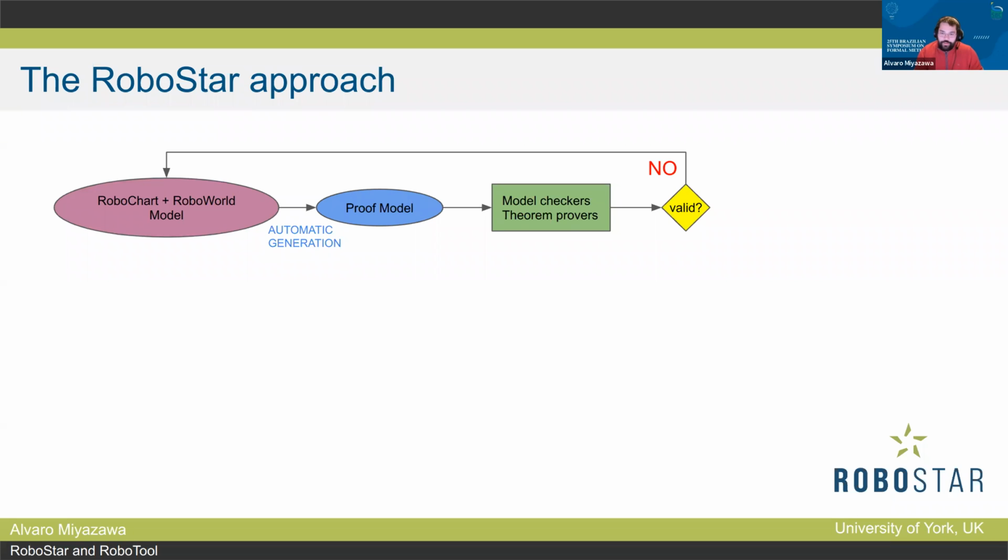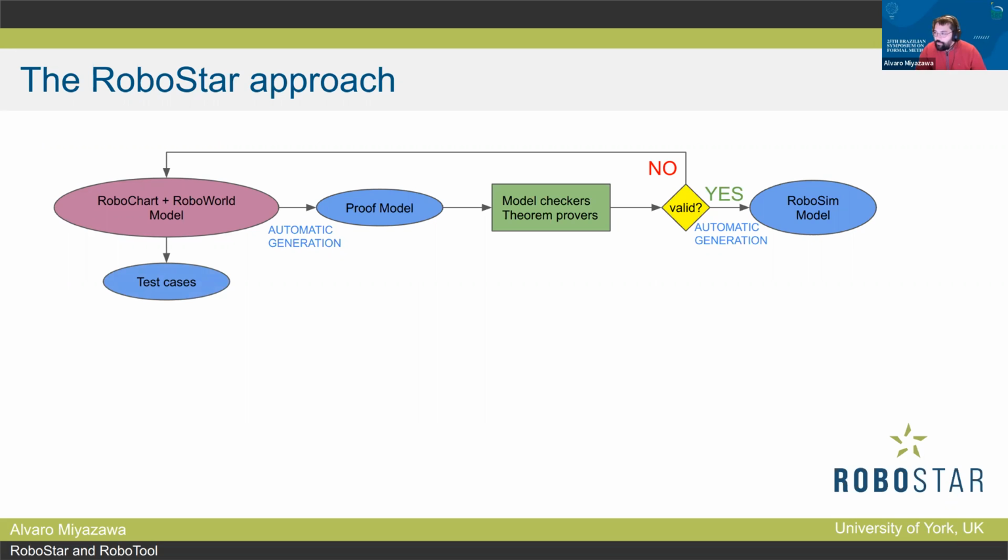If, on the other hand, we decide that the models are valid, we would automatically generate something that we're calling a RoboSim model, which is a model tailored for simulation. Again, I'll talk a little bit more about it. I'll demonstrate the tool around RoboSim and RoboChart. We could also, from RoboChart and RoboWorld, derive test cases.